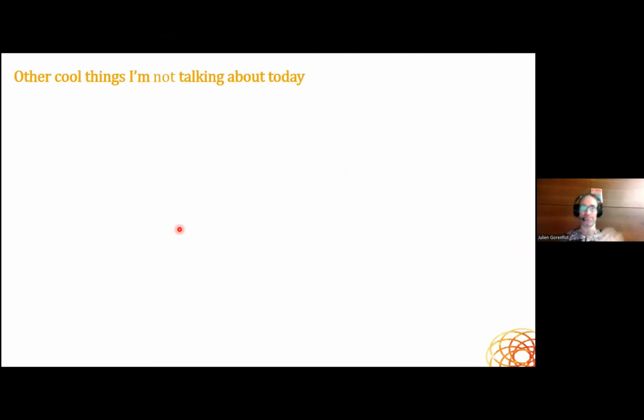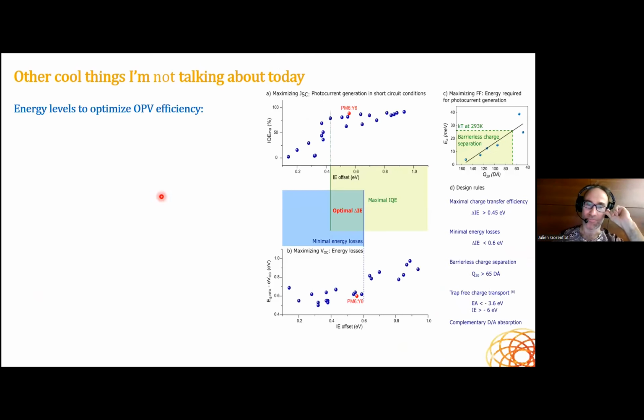But just before talking about it, maybe some of us know us a bit more for this. We've worked recently in figuring out what molecular energy levels can optimize the efficiency of organic solar cells. There's plenty of really cool things for this. It's really exciting studies.